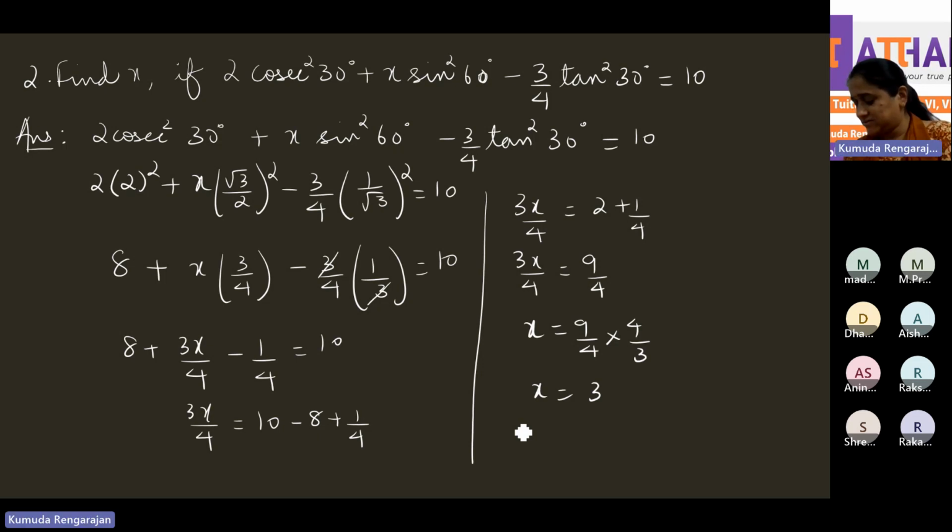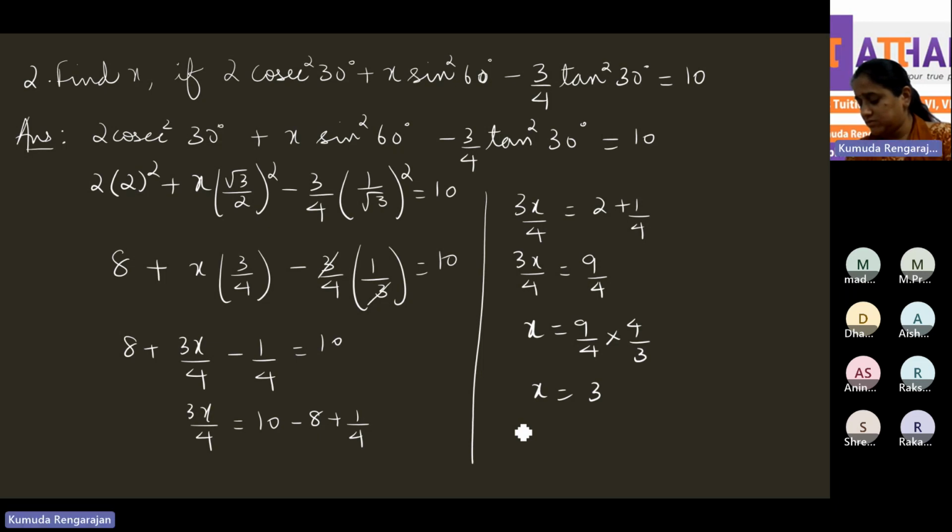This 10, right? Plus x into 3 by 4 minus 3 by 12. 32 plus 3x minus 1 is equal to 40 by 4.